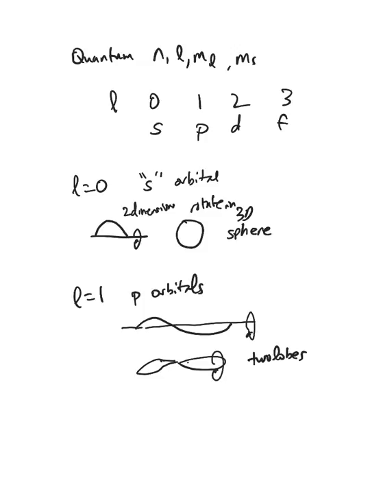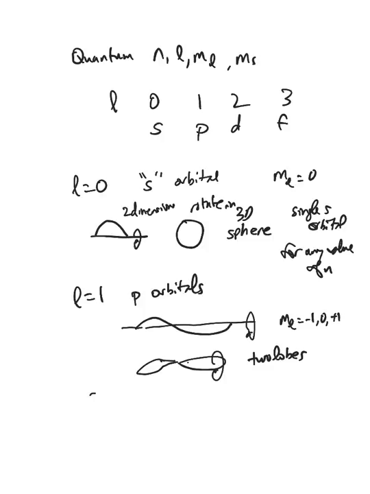For s orbitals, if l is 0, m sub l had to be 0. So there's only a single s orbital for any value of n, the principal quantum number. Whereas for l equals 1, the m sub l values can be -1, 0, or +1. So now we've got a trio of possible p orbitals.